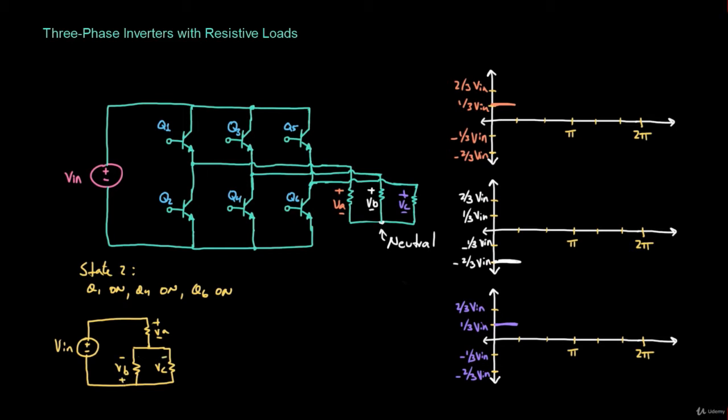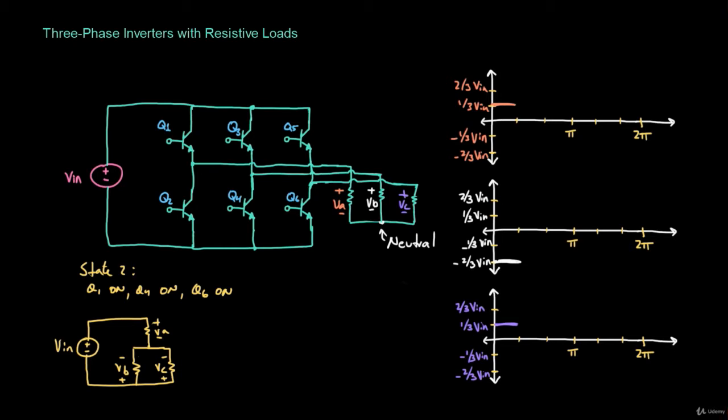So this will be minus, plus, minus, plus. Essentially we've connected the positive terminal of both VB and VC to the negative terminal of Vn through transistors Q4 and Q6. And again, we're leaving Q1 on, so we're leaving the positive terminal of VA connected to the positive terminal of Vn.